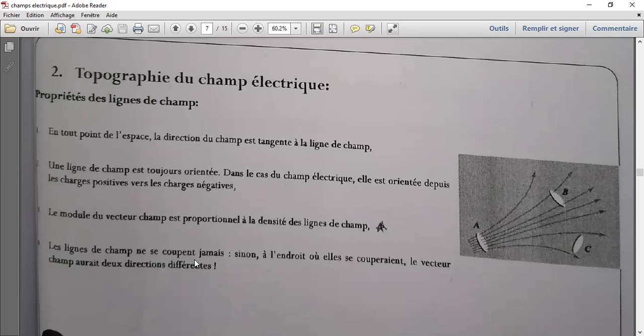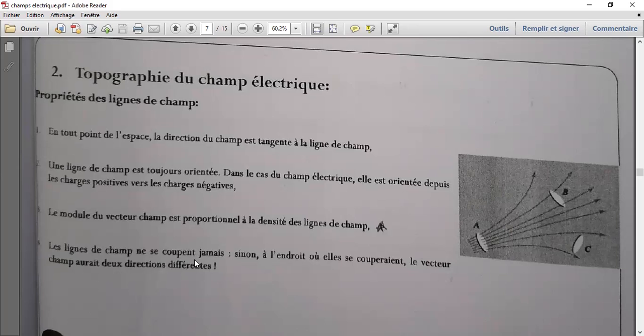These lignes de champ, the lines of the champ, they do not cut. They are just saying that they are always in a continuous form. They do not cut. Sinon, à l'endroit où elle se couperait, le vecteur champ aurait des directions différentes.